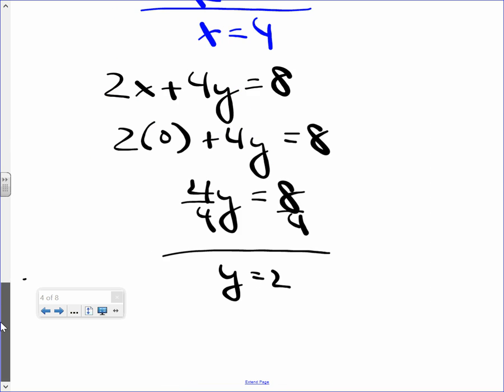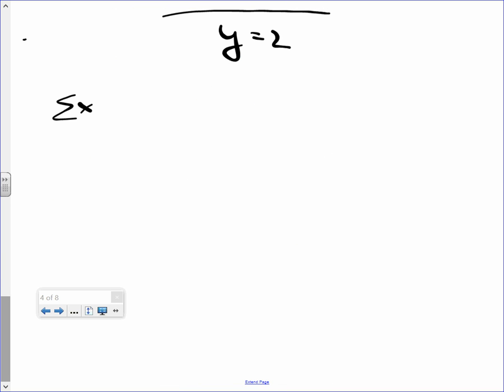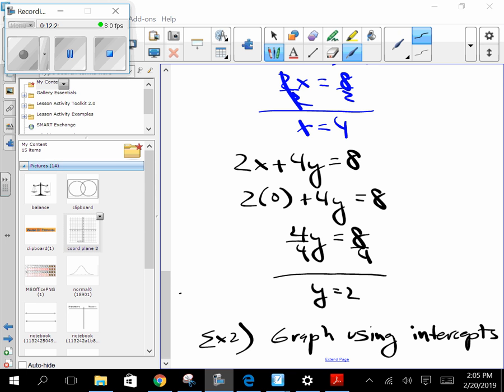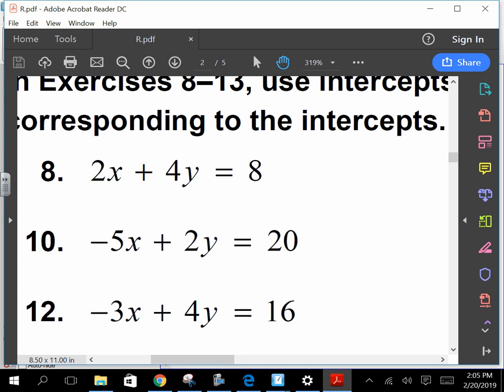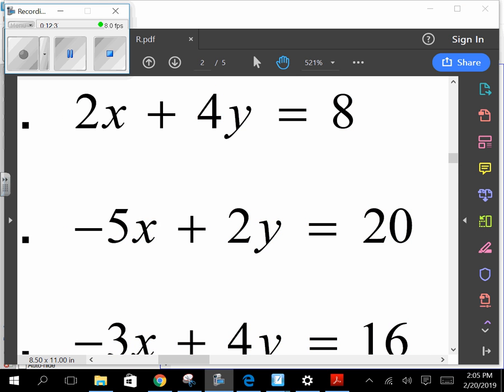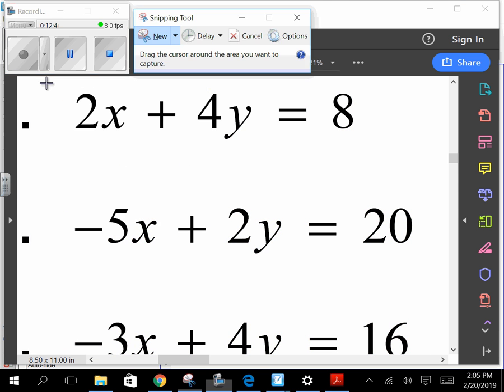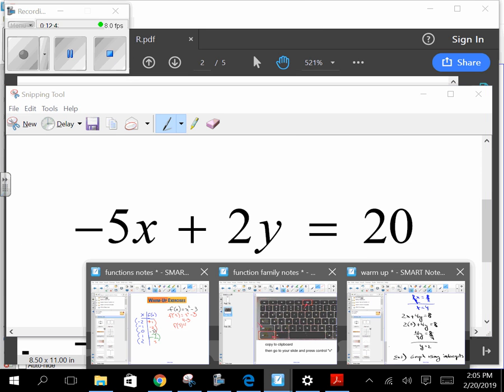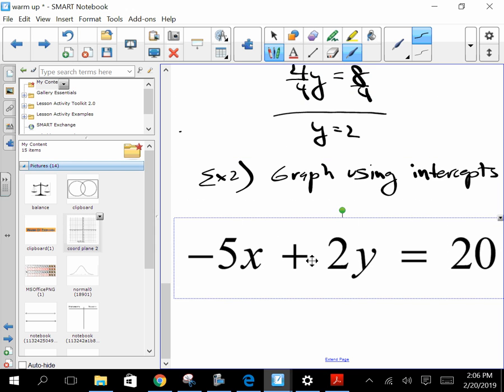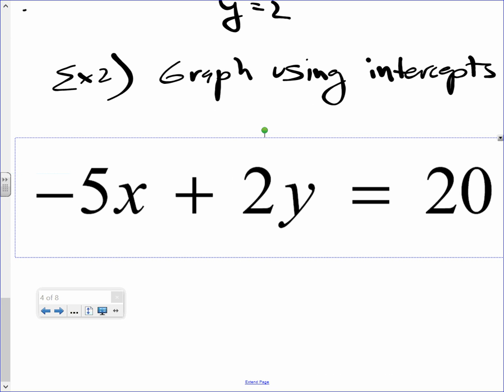Okay. Last example. Example 2. Graph using intercepts. Last example. There's your equation.